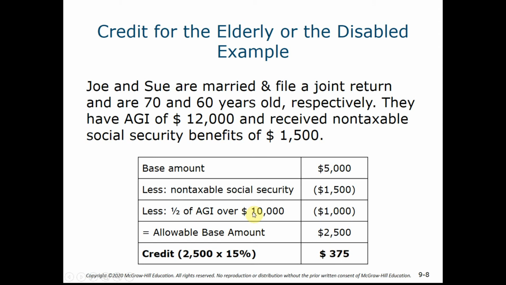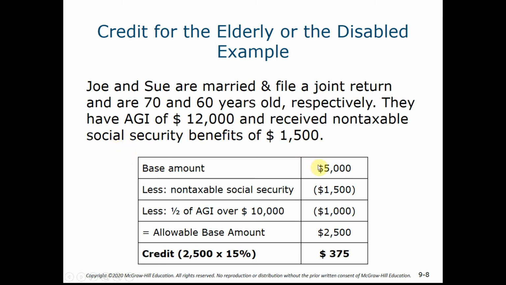They're telling us that the AGI is $12,000. That's $2,000 above the $10,000 limit. And then we'll take half of that $2,000, which would be $1,000. So again, $12,000 minus $10,000 is $2,000, and then take half of that.